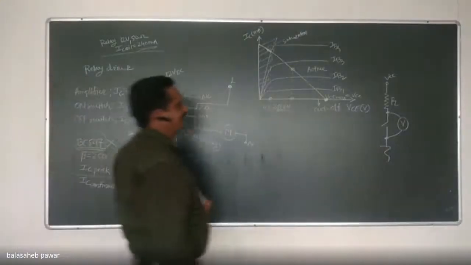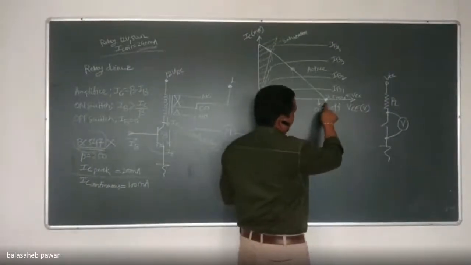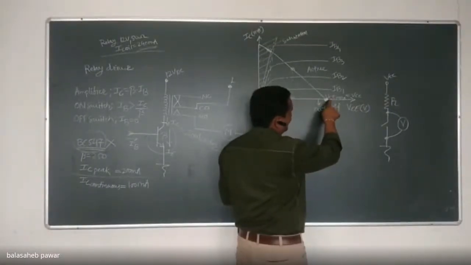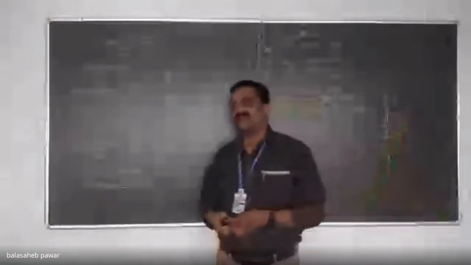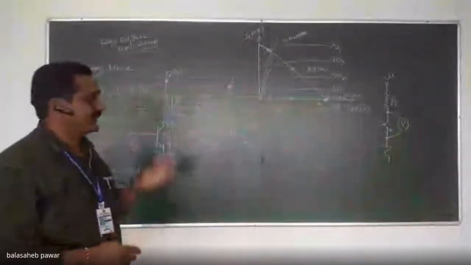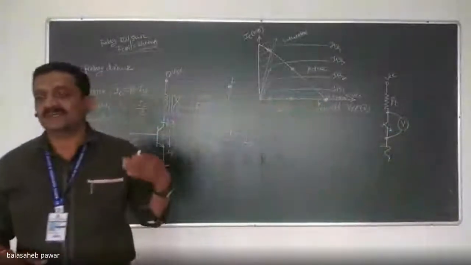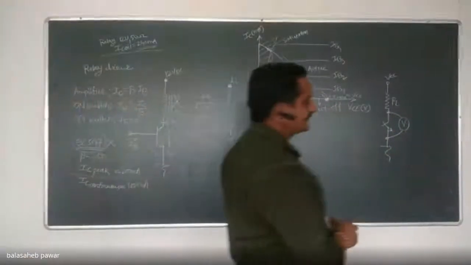VCC. Yes, it will be equal to VCC. And that's why here on the x-axis that point is denoted as VCE max equals VCC. And when the transistor is operated as a closed switch, the voltage drop across it will ideally be 0. Practically, it should be as small as possible to minimize the power drop across that switch, or to minimize the wastage of power. Is it clear?